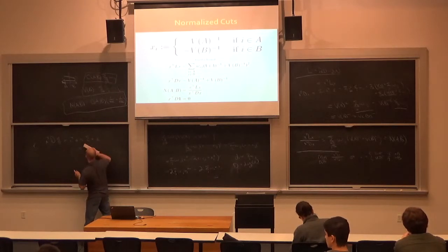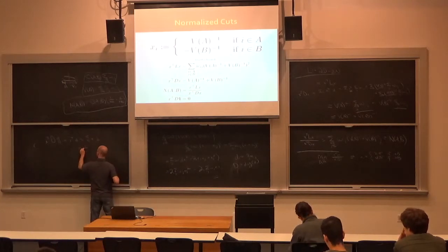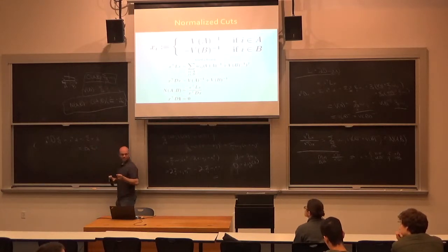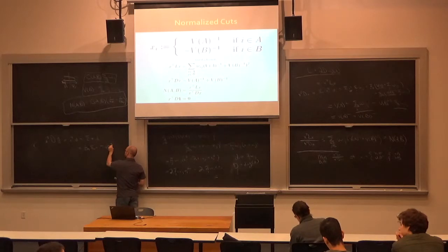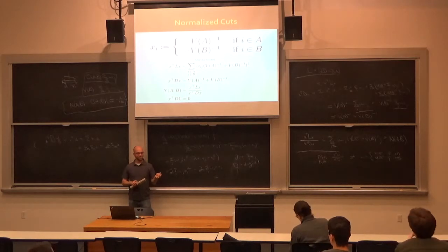So when i is in A, we know that x_i is equal to 1 over v_A, and when i is in B, minus 1 over v_B, just by definition of x.